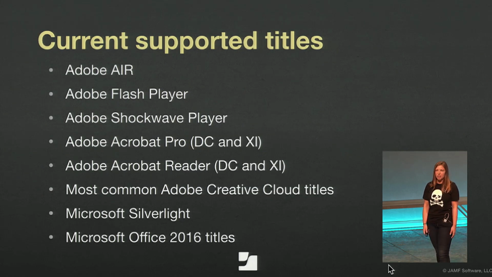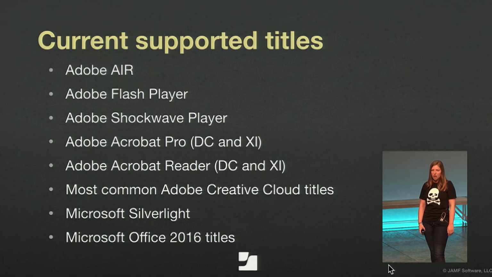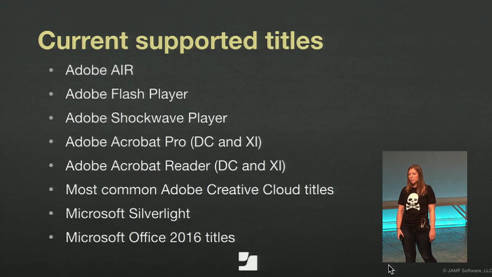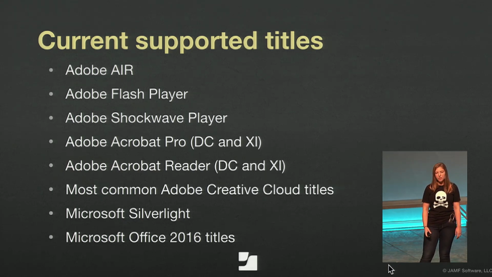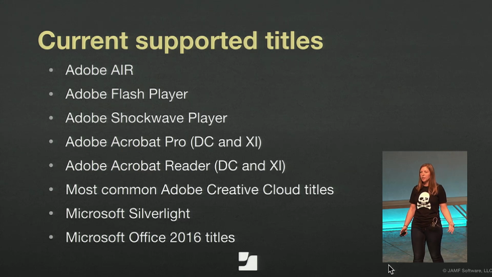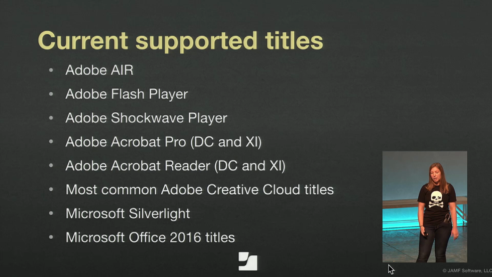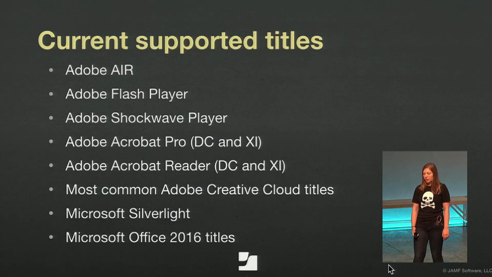So in that spirit of really starting to focus on the most common problems first, we've started off by looking at third-party software titles, because that's what we've been hearing from you guys, that's the biggest pain point for the most people. So we started off by asking a bunch of you to tell us the titles that are taking up the most of your time to keep patched, and we came up with a list of about 30 titles.